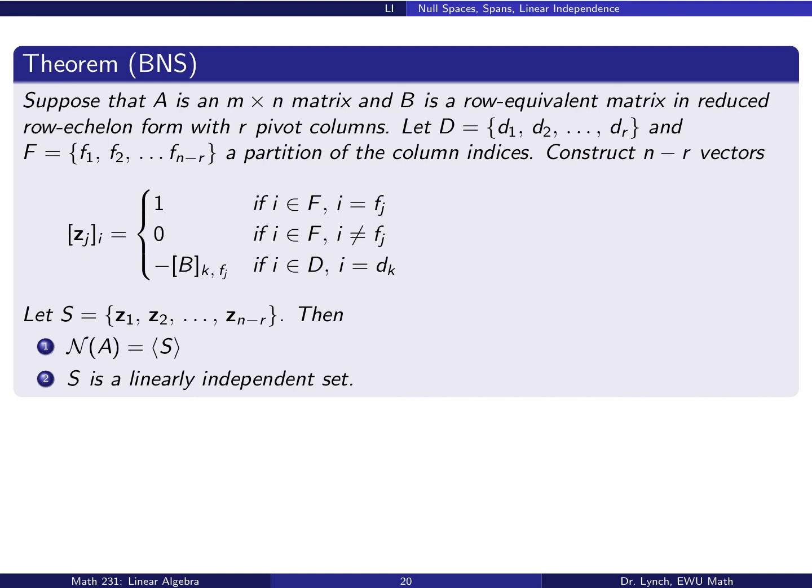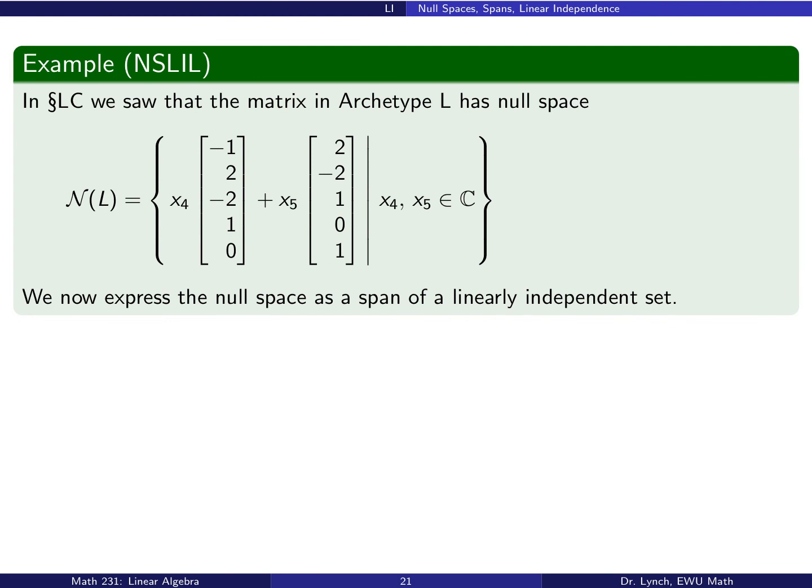To close with an example from last time: we saw that the matrix associated with Archetype L has null space given by this linear combination. Now we can express the null space as the span of a linearly independent set. Here's how to do that.